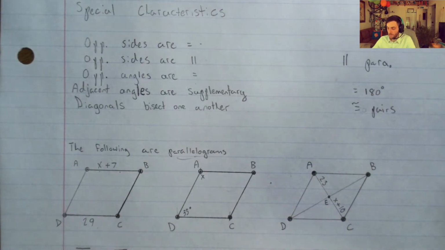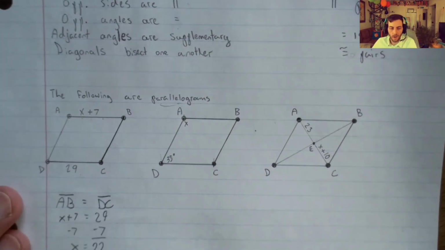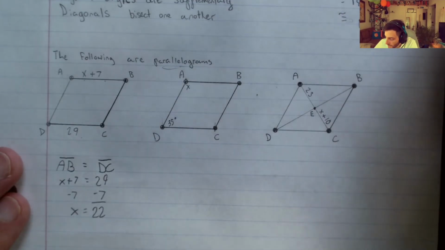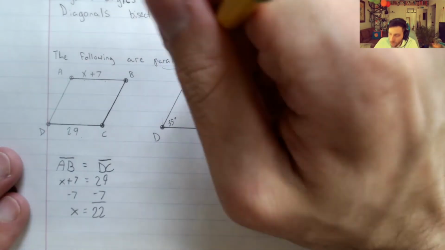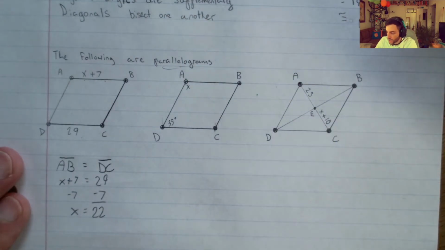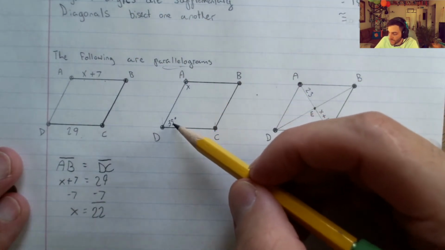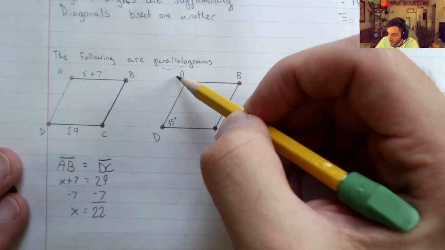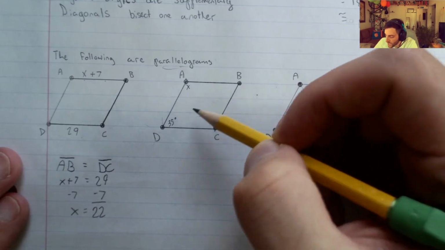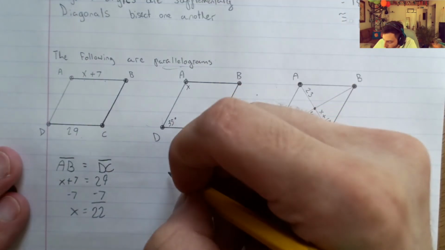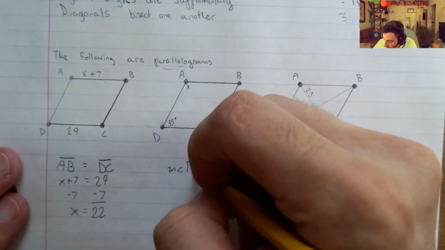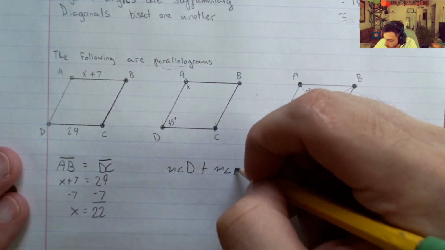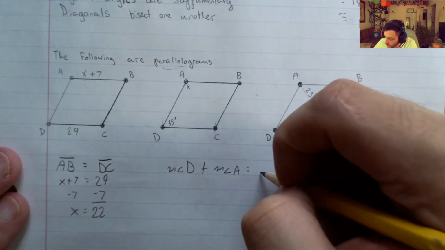Let's take a look here at our second diagram. In our second diagram here, we're told we have a parallelogram, so we know that our adjacent angles are always going to be supplementary because we're able to wrap back around. So we can say that the measure of angle D plus the measure of angle A is equal to 180.